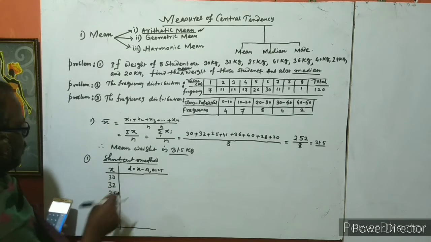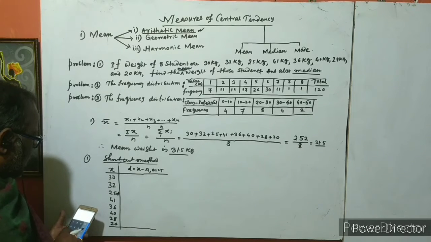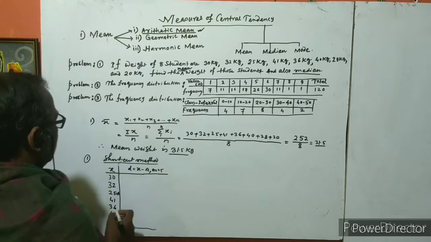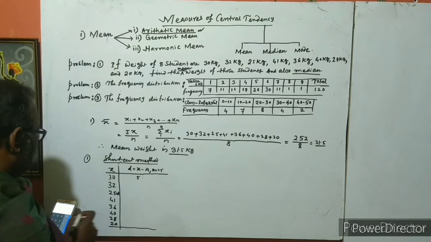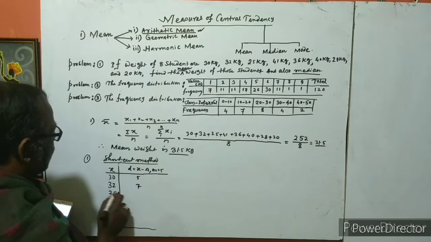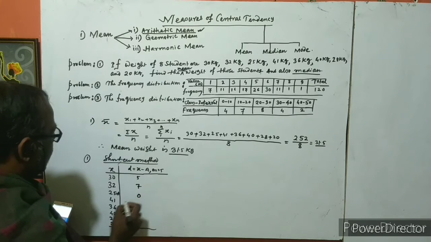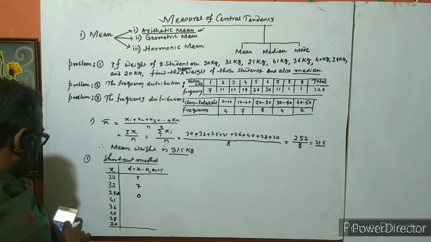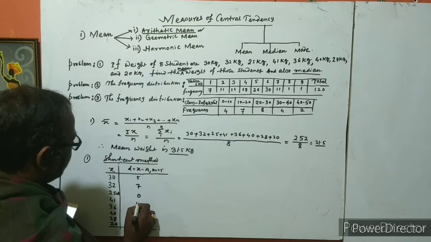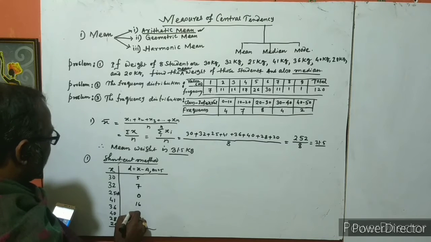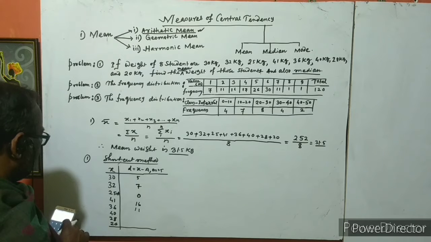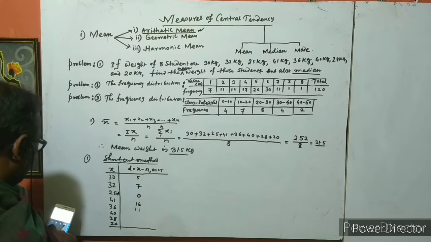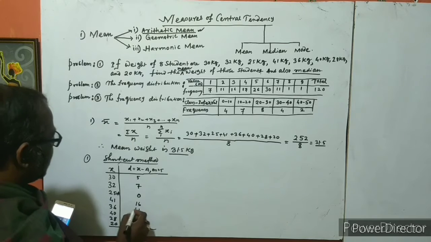So now 30 minus 25 is 5. 32 minus 25 is 7. 25 minus 25 is 0. 41 minus 25 is 16. 36 minus 25 is 11. 40 minus 25 is 15.